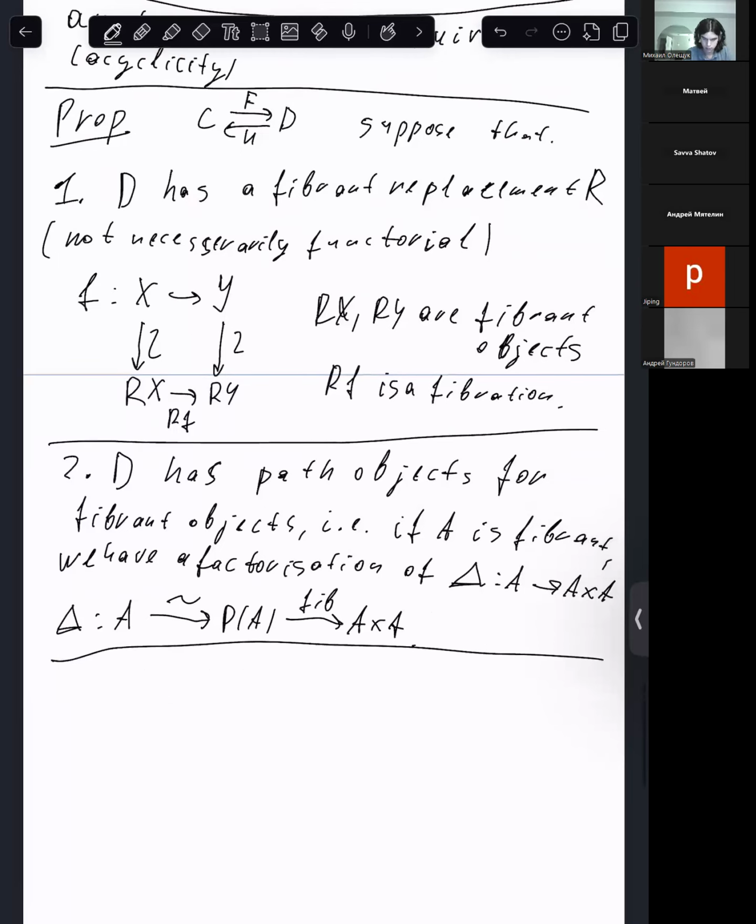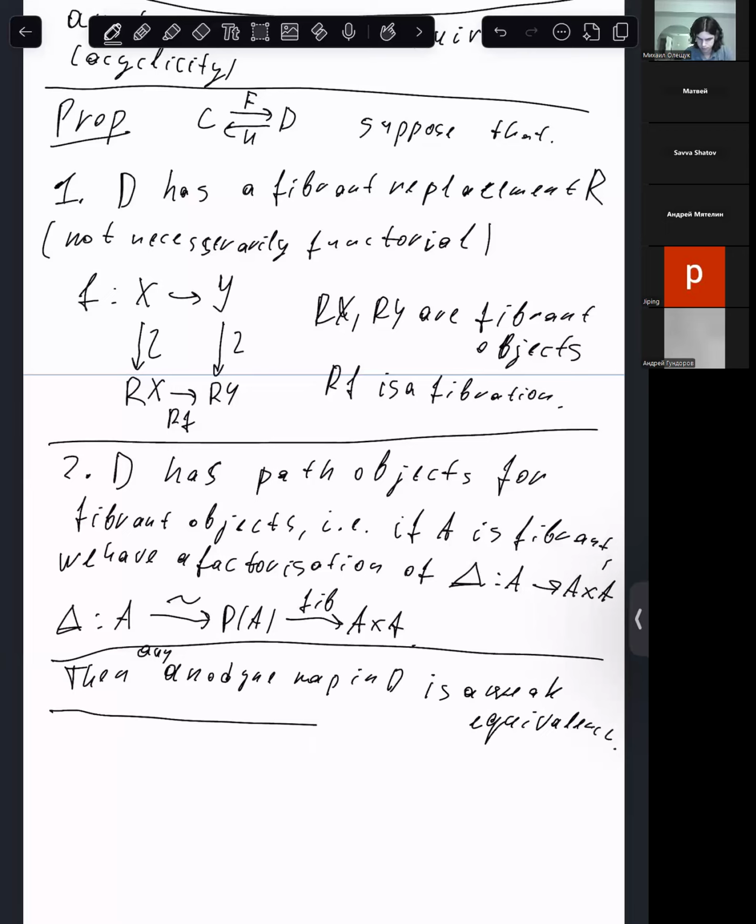So then any anodyne map in D is a weak equivalence. Okay.